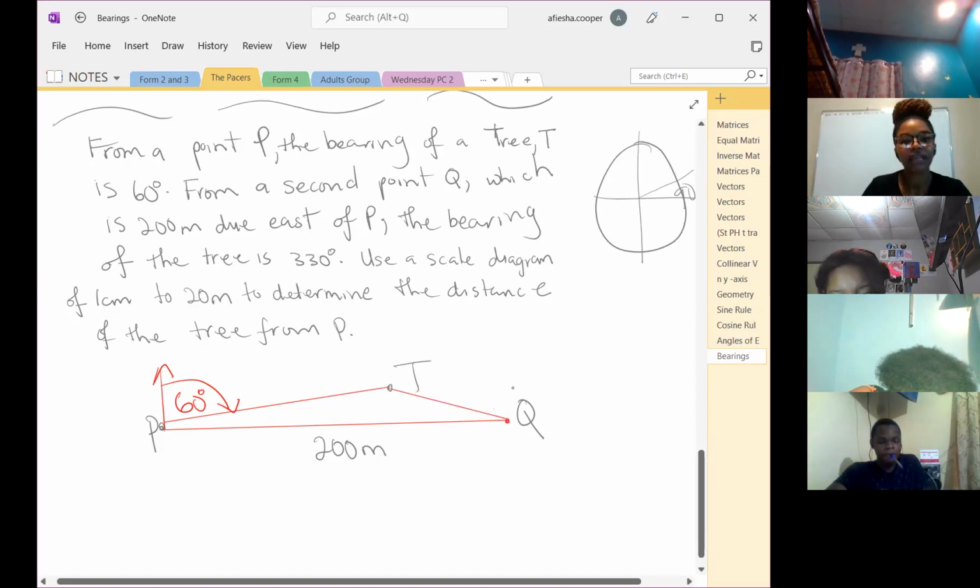So I have something looking like this, and I put up my bearing line. And I go like this all the way to my T line. So they say that this is 330 degrees.